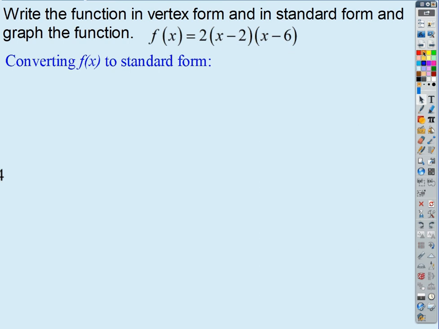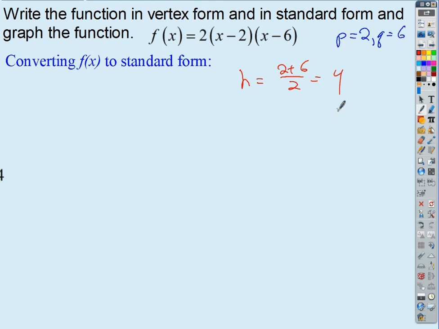What's my trick? What are p and q here? p is 2 and q is 6. So h is just the average of p and q, so it's 2 plus 6 over 2, which is 4. How easy is that?